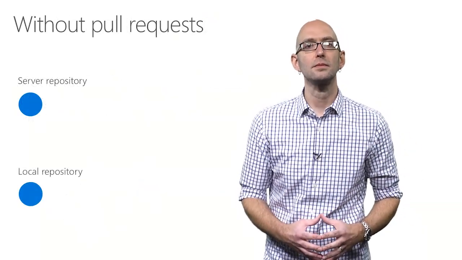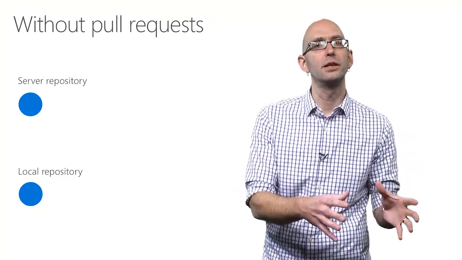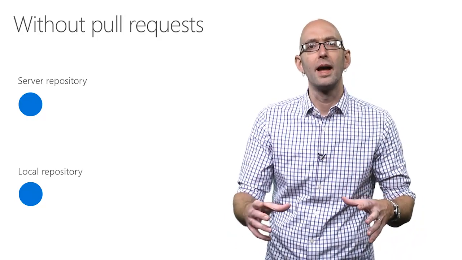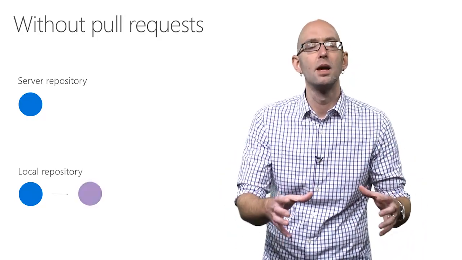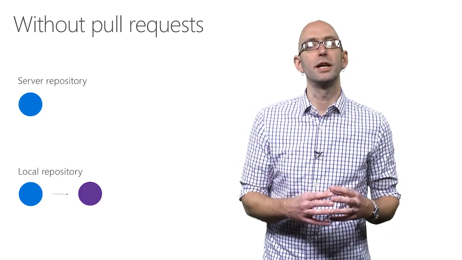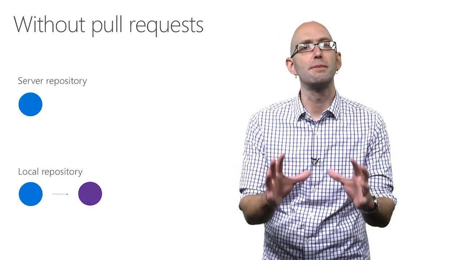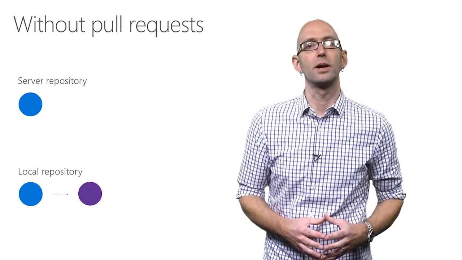In a Git workflow without pull requests, you typically create a new branch, do some work, and make some commits on that branch. And then, when you're ready to publish your changes back to the server, you merge your changes into the master branch, your main integration branch. You do this manually on your local repository.